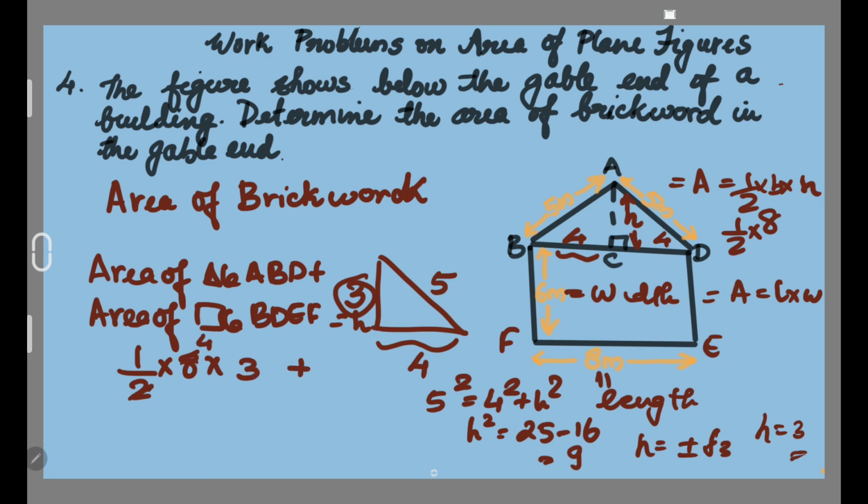So 4 into 3, 12. Again, L into B, 8 into 6. Length 8 meter and the width is 6 meter. That is 48 meter plus 12 meter, that is 60 meter square. So 60 meter square is the area of the brickwork needed in the gable end.